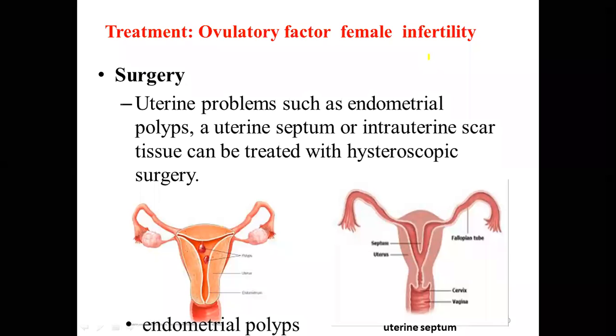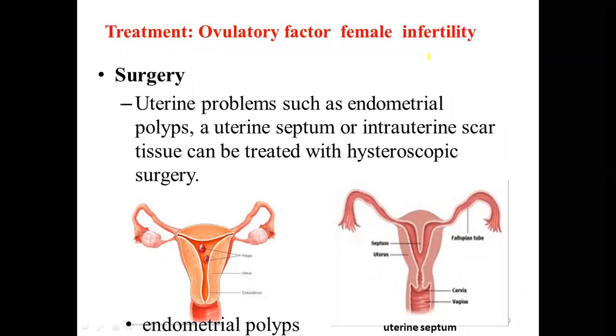You can consider what? Surgery. So a surgical approach can be considered in case of polyps or any tumors in the uterus, which can block the possibility of implantation.